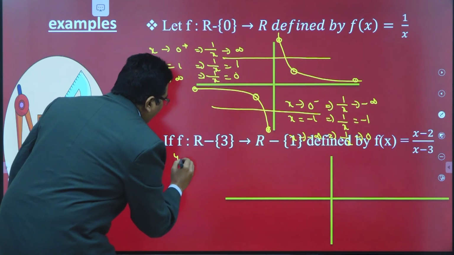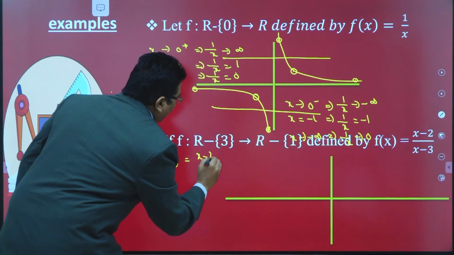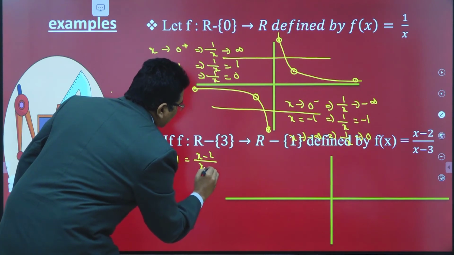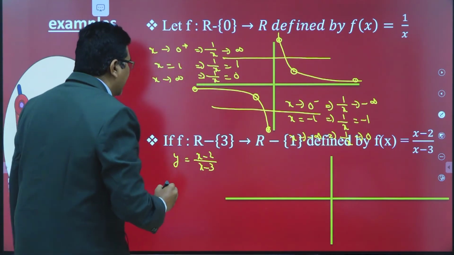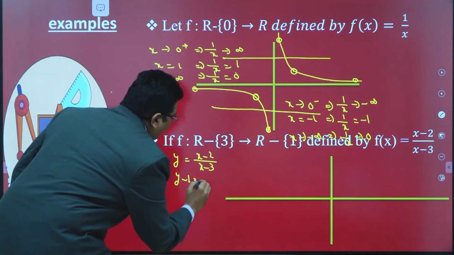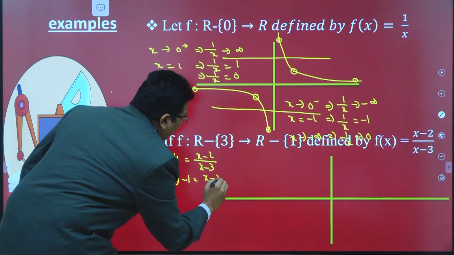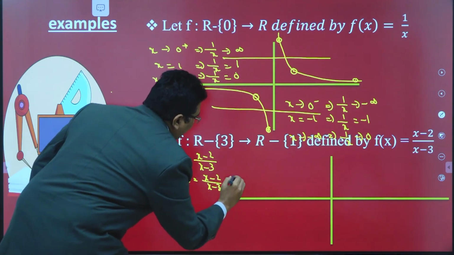y is equal to x minus 2 by x minus 3. y minus 1 is equal to x minus 2 by x minus 3 minus 1.